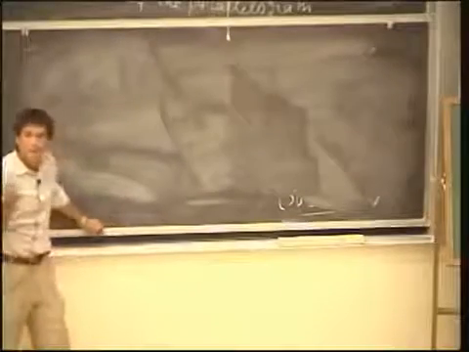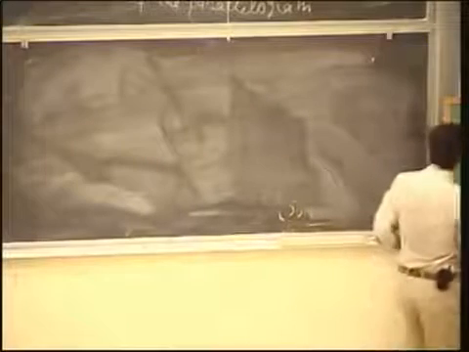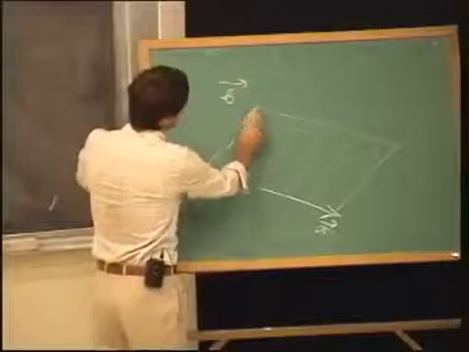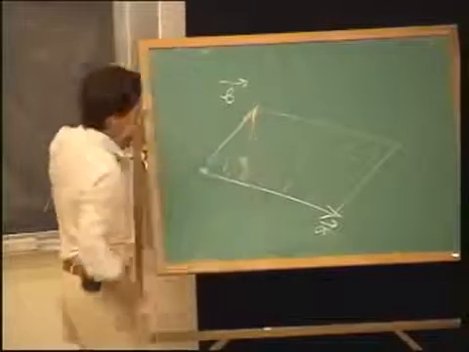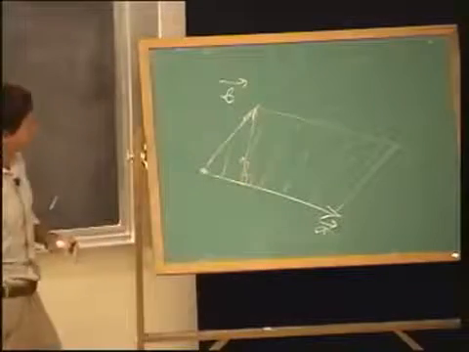Okay? So what is this area? We can find it very easily because we know that the area of a parallelogram can be computed by dropping a perpendicular line like this. So this is 90 degrees.